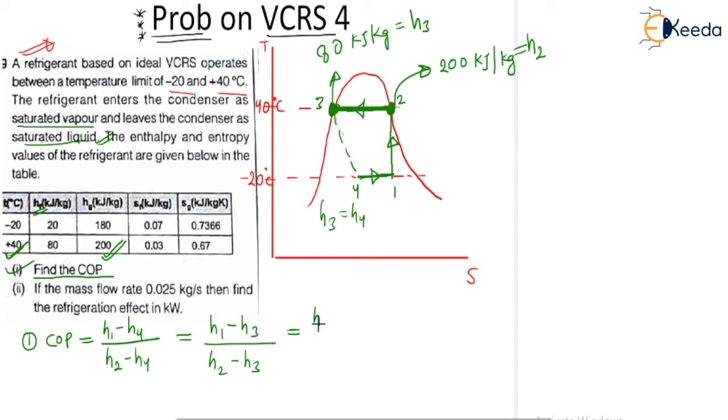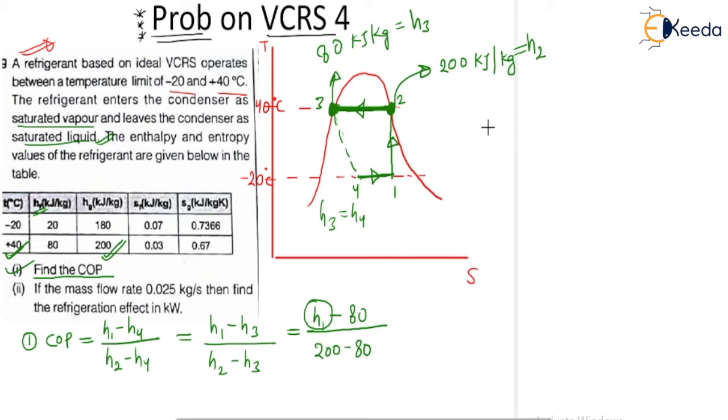The value of h1 is unknown, the value of h3 is 80, the value of h2 is 200, and the value of h3 is again 80. So here the unknown value is h1, and we have to calculate this h1 value.